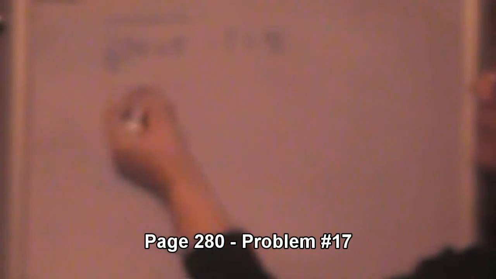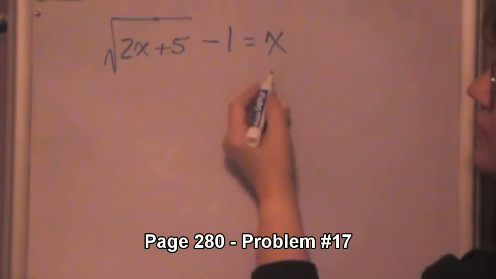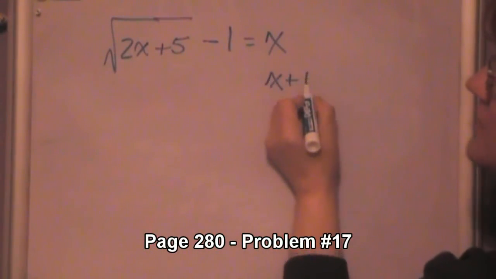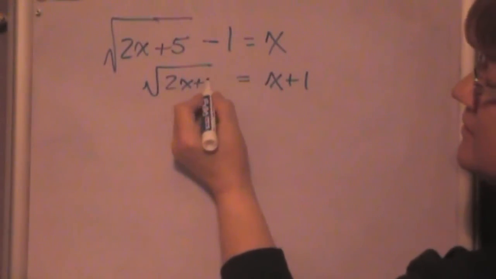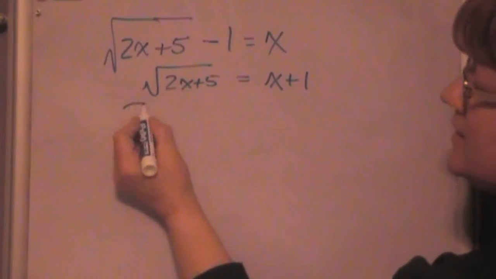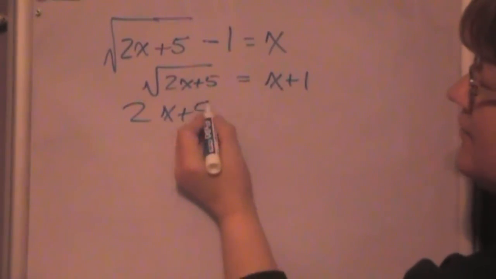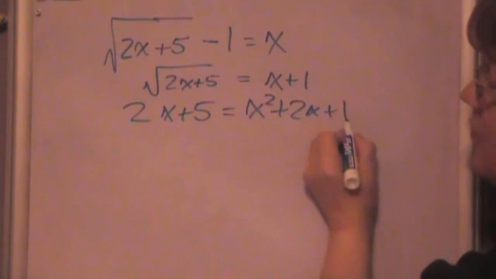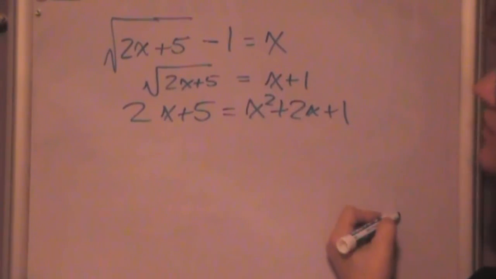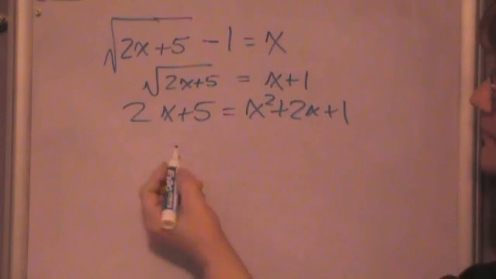Now in this particular case, you want to isolate again the square root and get rid of the 1. So I'm going to put it over here, x plus 1, before I square both sides. Now if I square both sides, I get 2x plus 5 equals x squared plus 2x plus 1. Remember, squaring a binomial.